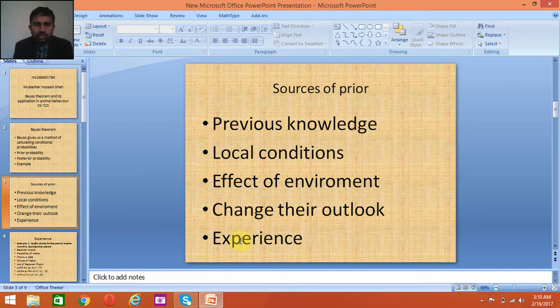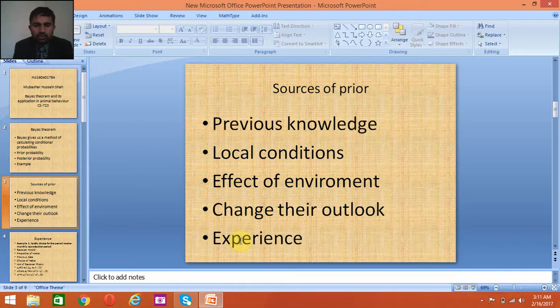We know that all the animals or all the organisms must be affected by environment. We also know that some animals or creatures change their outlook because their body temperature does not allow.